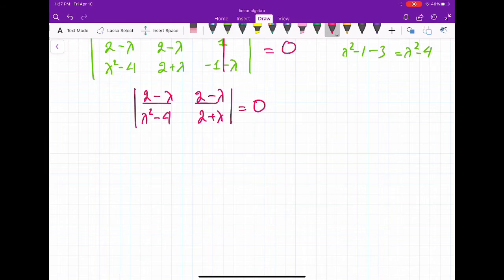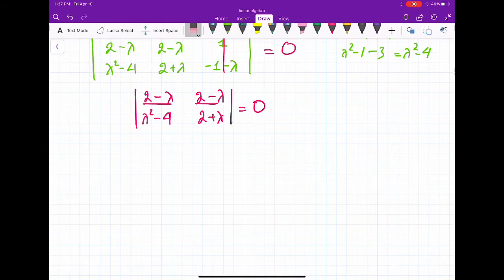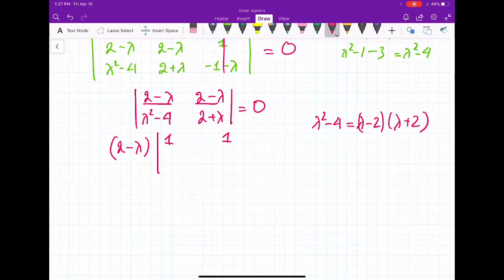2 minus lambda is a common factor on the first row, so I can take that out. On the first row, I have 1 and 1, but in the second row, I have lambda square minus 4. That is lambda minus 2 times lambda plus 2. So we will have lambda plus 2 as common, and I can also take that out.